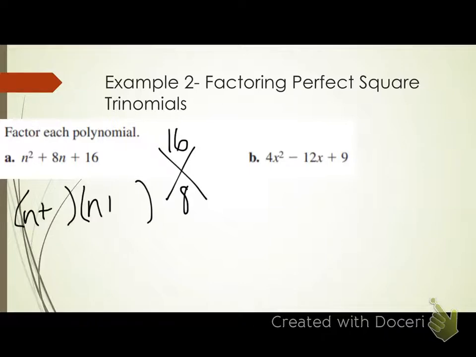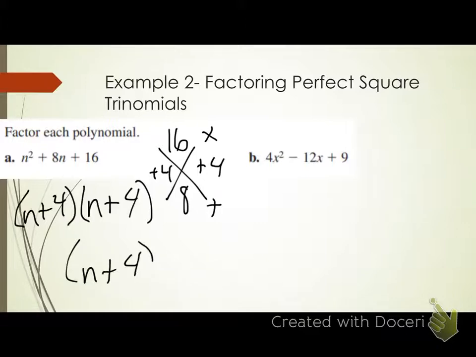Fill in my signs into the set of parentheses, and then I'm solving my x puzzle. I'm looking for two numbers that multiply to give me 16, and add to give me 8. Well, 4 times 4 gives me 16, and 4 plus 4 gives me 8. So I plug those in. I got n plus 4 times n plus 4, which I can rewrite as n plus 4 squared.